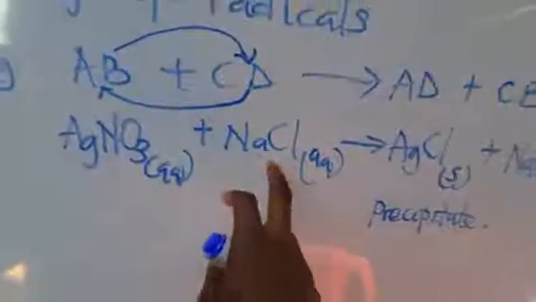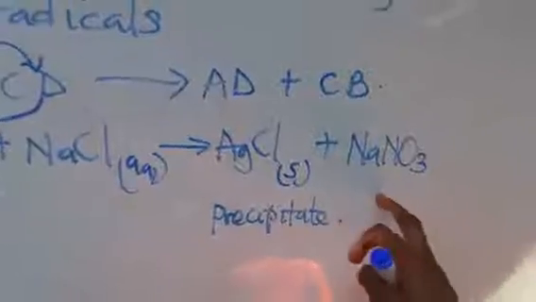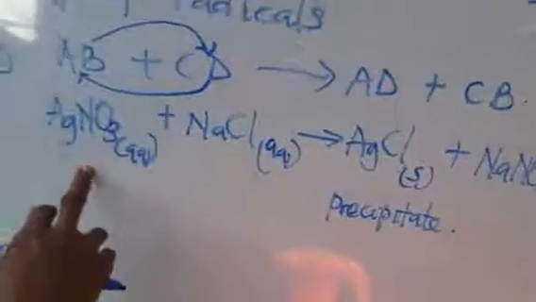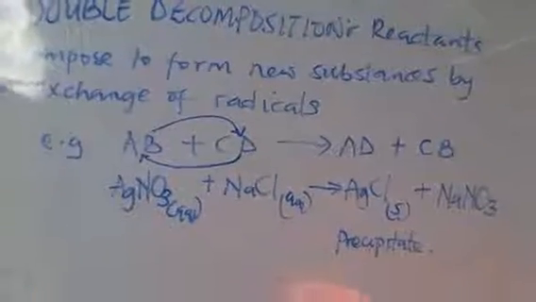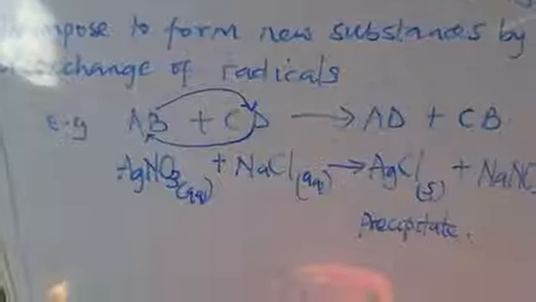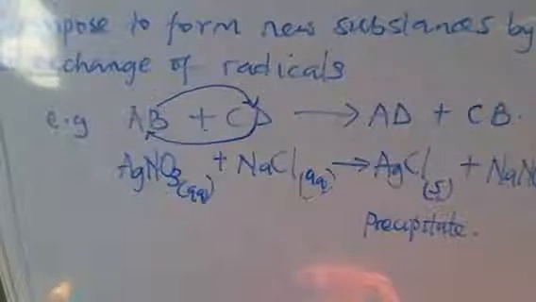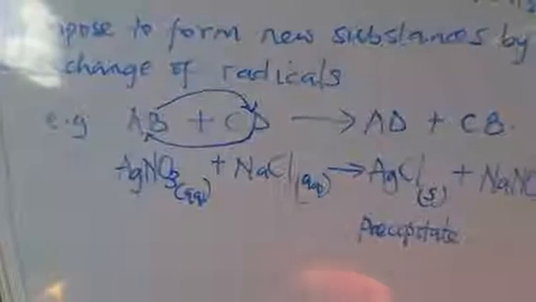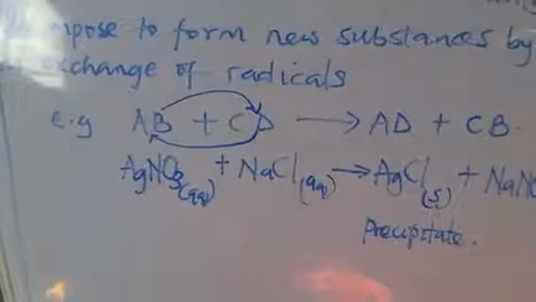We have an example here of silver nitrate reacting with sodium chloride to form silver chloride and sodium nitrate. So this is an example of a double decomposition reaction. Usually in a double decomposition reaction, the two reactants are soluble and one of the products is soluble while the other one is insoluble.